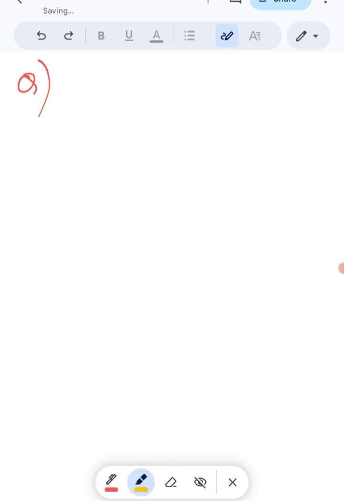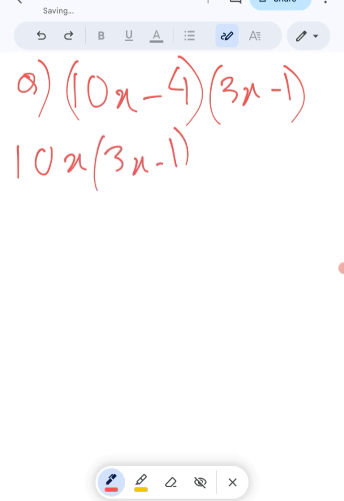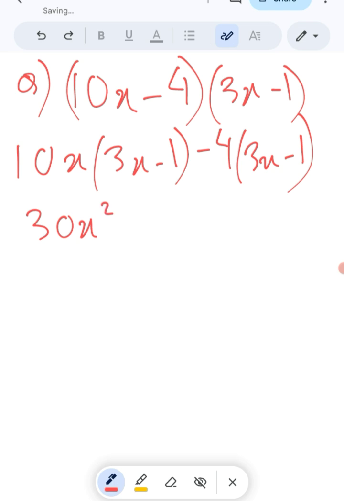Suppose you are having a question like this, 10x minus 4 multiplied by 3x minus 1 is your question. Let's do it once again. 10x multiplied by 3x minus 1, then minus 4 will be multiplied with 3x minus 1. 10x into 3x makes 30x square.